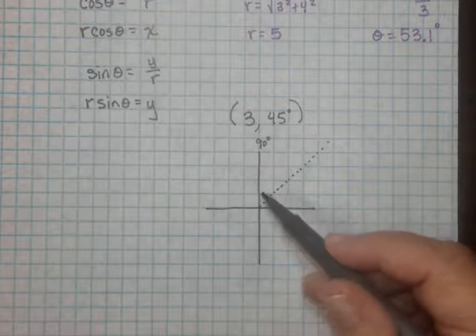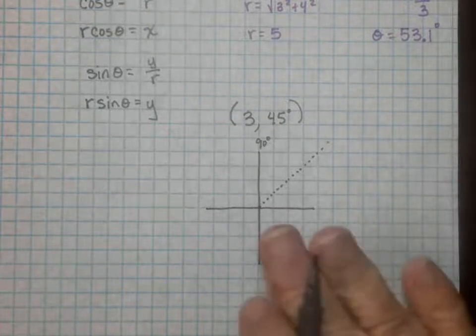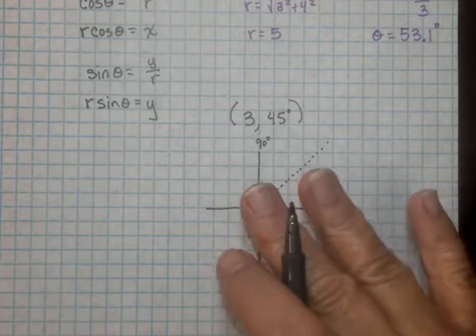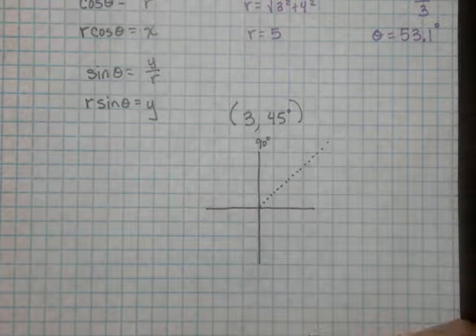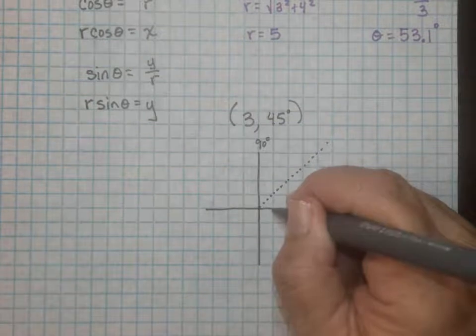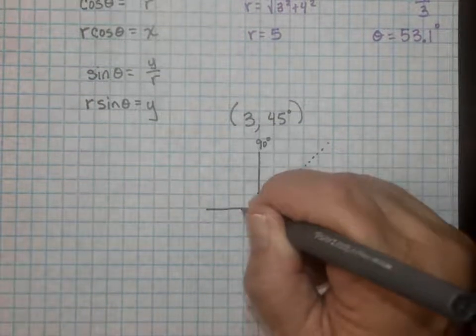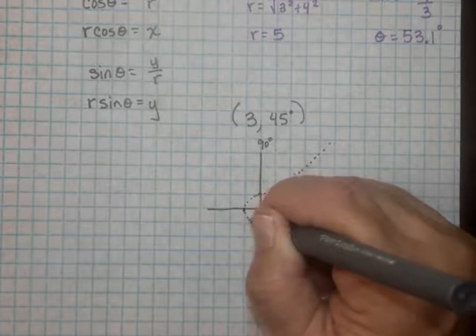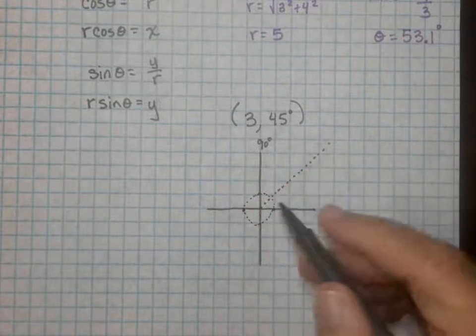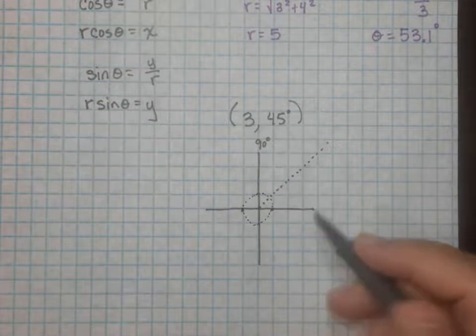So when we graph with polar coordinates, we actually have a coordinate system that's made of these concentric circles. If I go out to radius 1 and make a circle, then when I'm going out 45 degrees and I want a radius of 1, it just touches that circle.